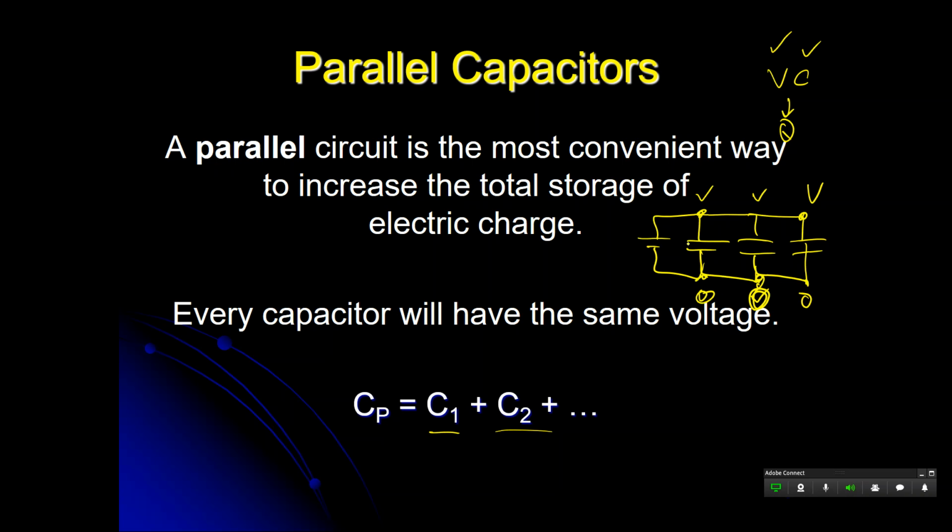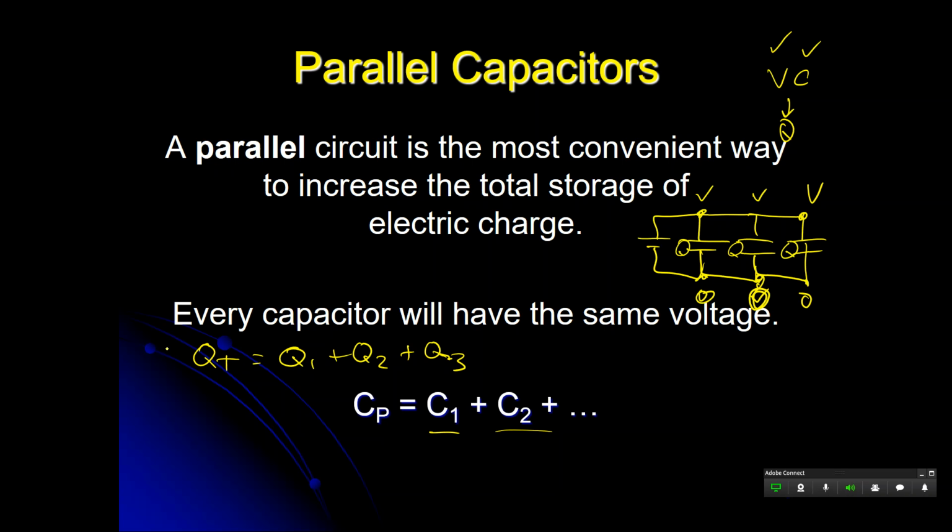So I said that each of these capacitors is going to have a charge Q. We can call them Q1 through 3. All right, so Q1, 2, and 3. And you can say that the total Q is equal to Q1 plus Q2 plus Q3, and so on and so forth. And we know that the voltage is the same across each one, so we can now figure out what the capacitance is for each.